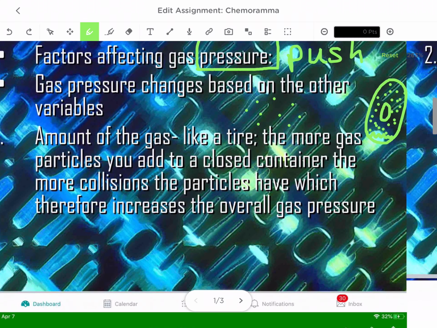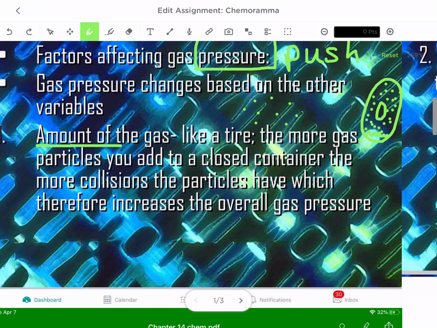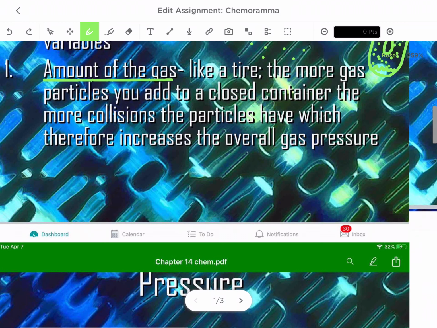So look at this. Amount of the gas. If there's more gas particles, if I have a container or a tire, let's say my tire has to be inflated to a certain pressure. But let's say I measure it out perfectly and I only put 2 gas particles in here. Is that enough push? Probably not. My tire's probably still flat. It kind of looks like a sad face. It's probably still a flat tire.